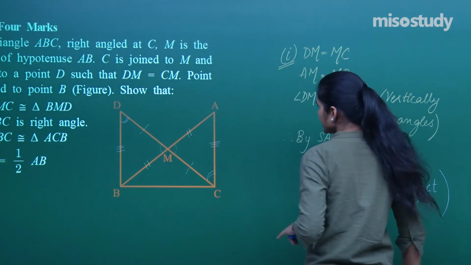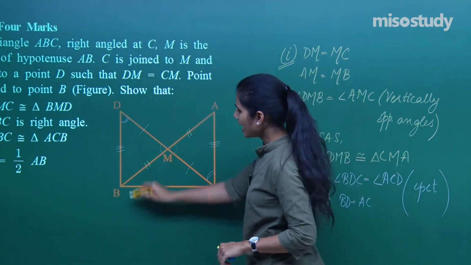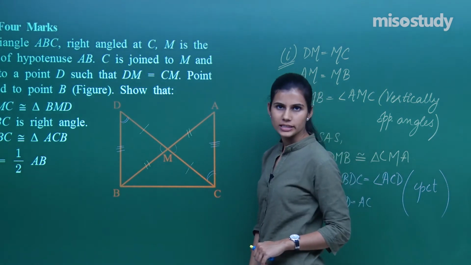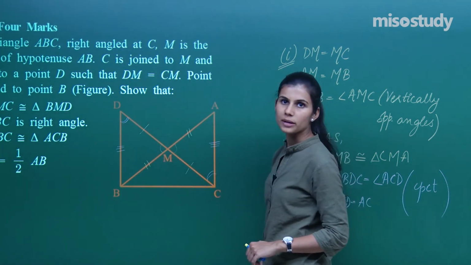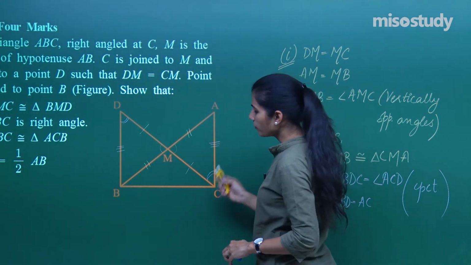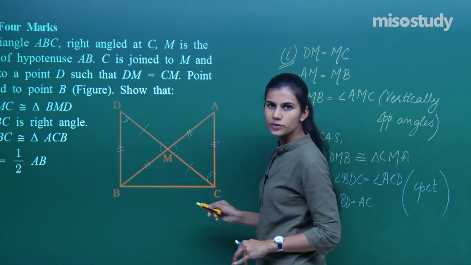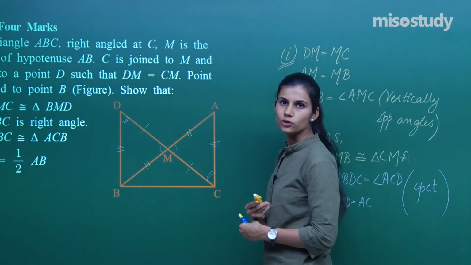Because BDC and ACD, you can clearly see, if I talk about line DB and line AC, then DC line is acting as a transversal, thereby giving rise to these alternate interior angles which are being equal, and therefore, the moment one pair of alternate interior angles is equal, this transversal is not just cutting any two lines DB and AC, but it is actually cutting two parallel lines.